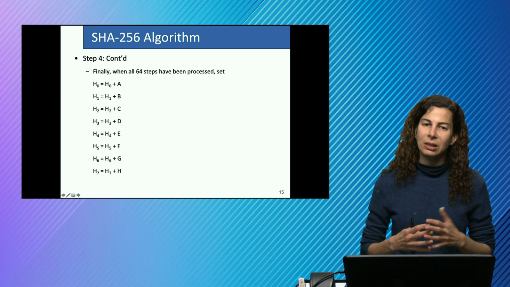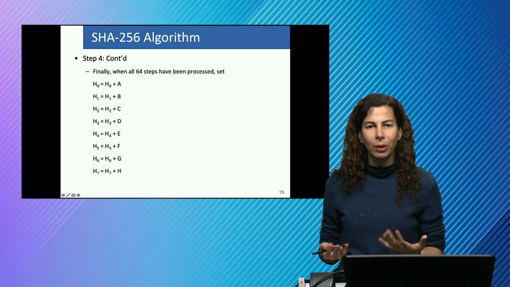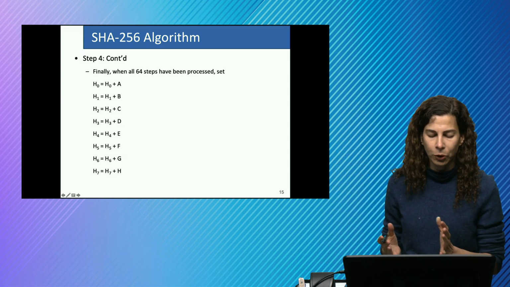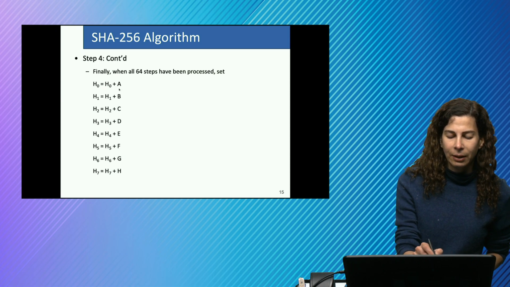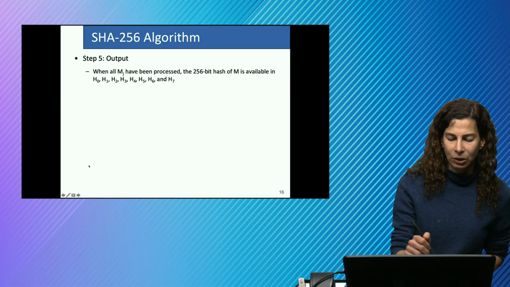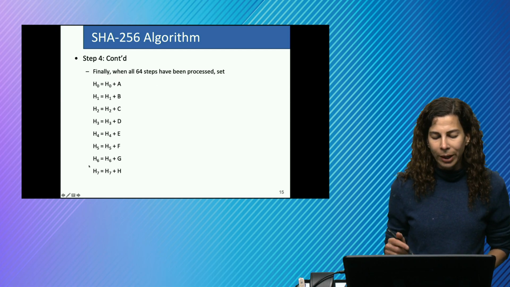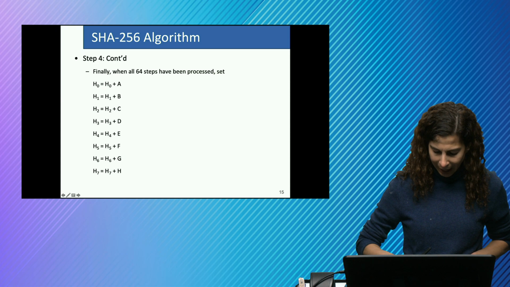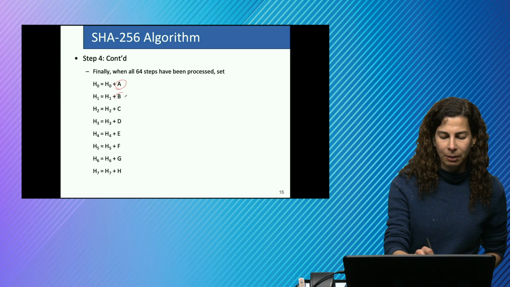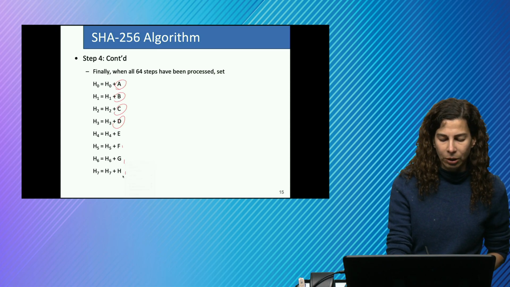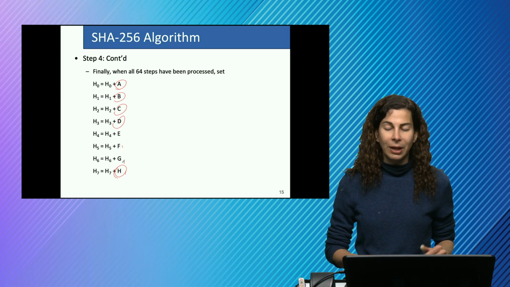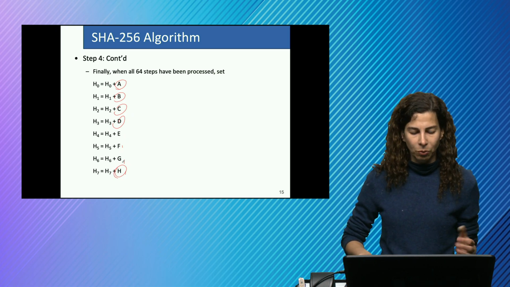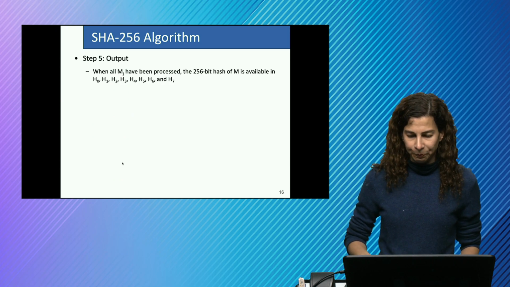After you process all these steps, we are going to use the content of these registers and update the original 8 registers that we had as the initial values with the hash value that we just calculated, A, B, C, D, E, F, G, up to H, and then basically have these H values from H0 to H7 updated.